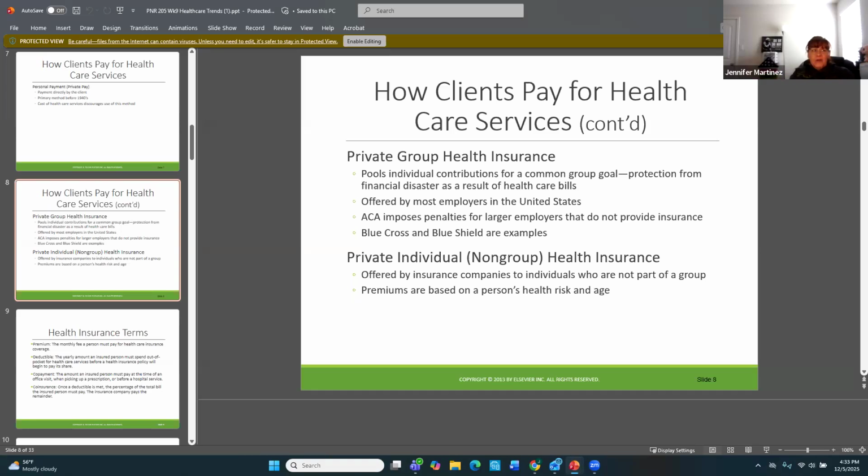United Healthcare, maybe even Blue Cross Blue Shield, may offer individual health insurance as well. So if you don't have health insurance, you may be able to contact them to see if you can get individual health insurance. I don't know what the cost would be, but it's usually based off of your health risk, your age, right? Do you smoke? That's a big one. Tobacco usage is a big one with the cost of health insurance.